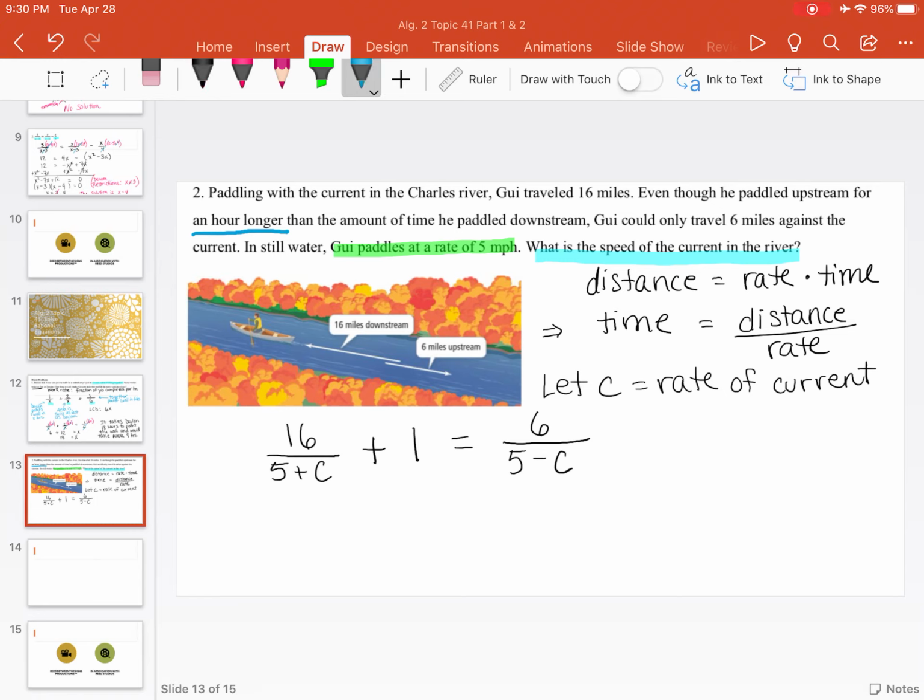So let's just go through that one more time just to make sure we're all on the same page. So on the left-hand side, we know that Guy is paddling 16 miles downstream. This 5 plus c in the rate portion of our fraction is Guy's paddle rate in still water and the rate of the current.